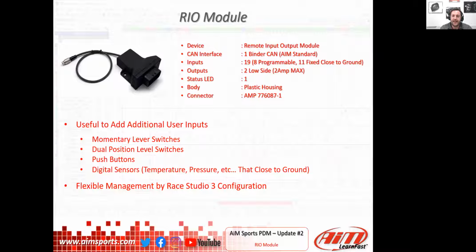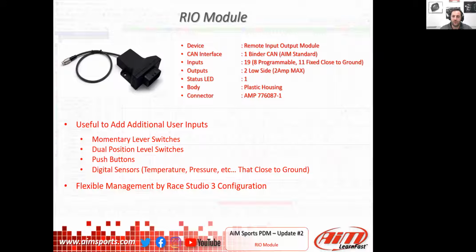It has 19 inputs. 8 of them are programmable, close to battery or close to ground, so it gives you flexibility. And 11 are fixed, working close to ground. For example, a switch that manages something that the user wants to activate.